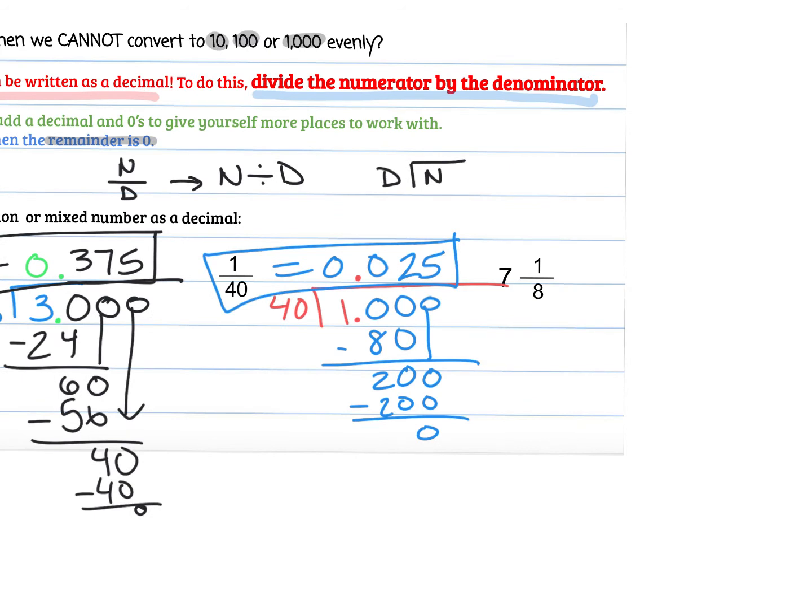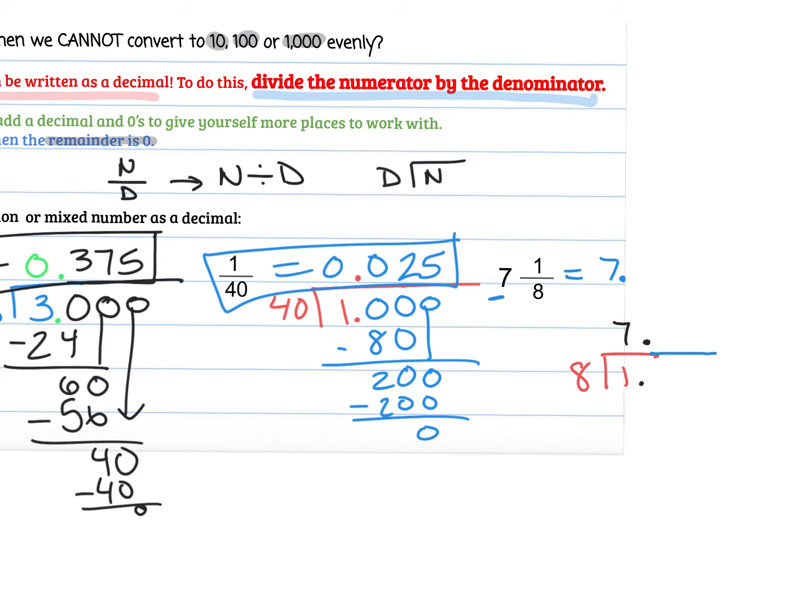All right, last one. Notice we have a 7, a whole number, 7 and some. So 7 is my whole number. So I know right away that this is going to be 7 point something, 7 and a fraction. So I really just need to divide my 1 divided by 8, putting my decimal in. And if I want to, so I don't forget, I can put the 7 there right away.